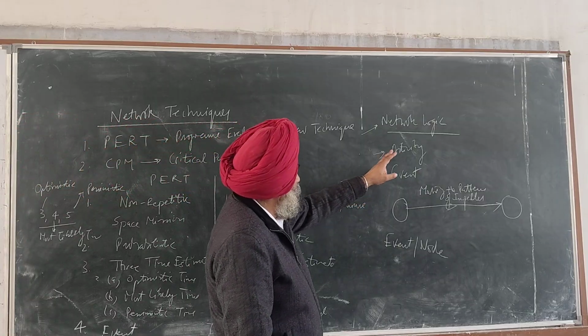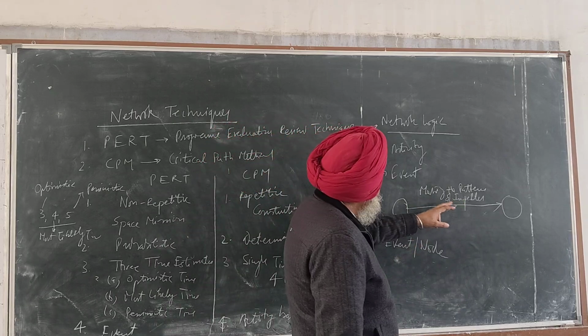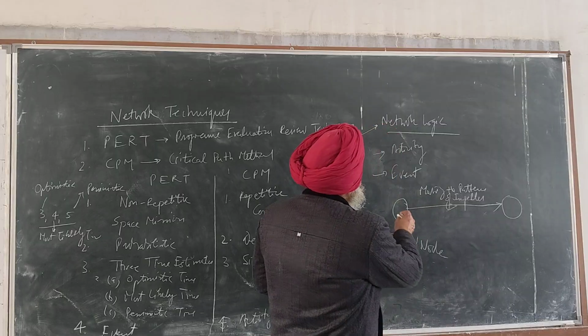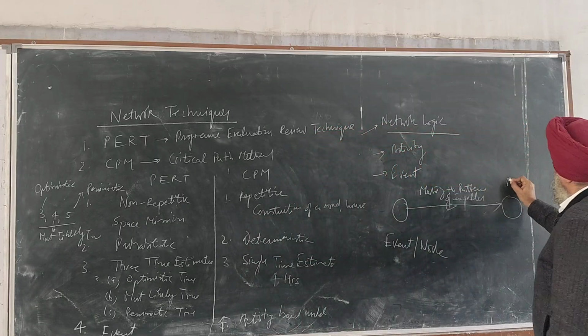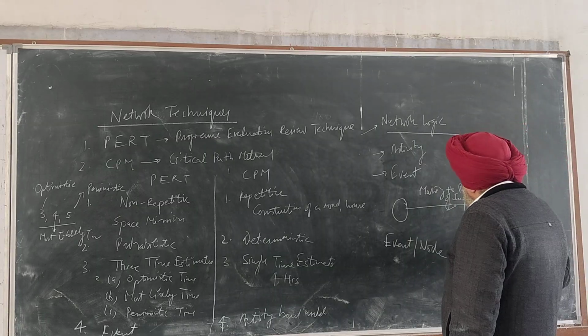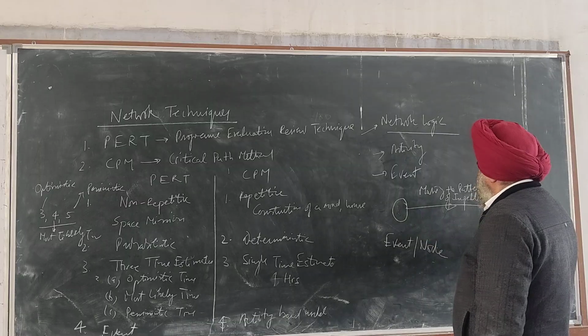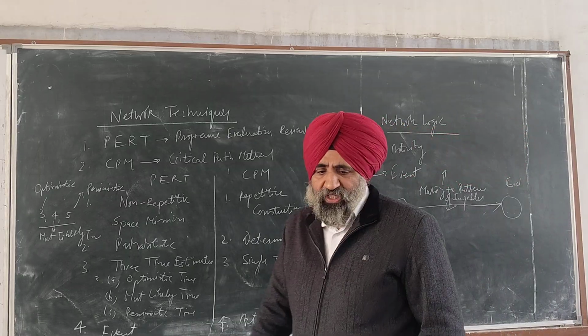This activity is making the pattern of the impeller. The start of making the pattern is placed here, and the end or finish of making the pattern. These are called events, start and end. It represents the event, and this represents your activity.